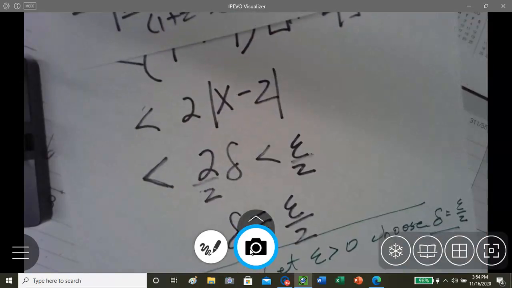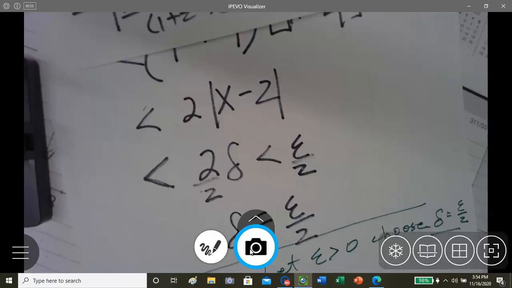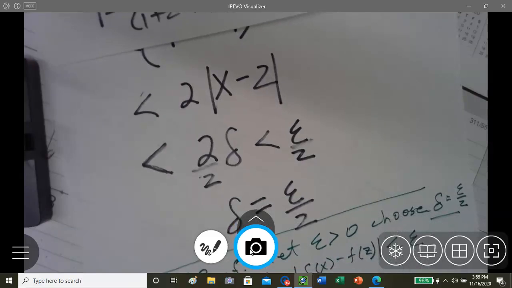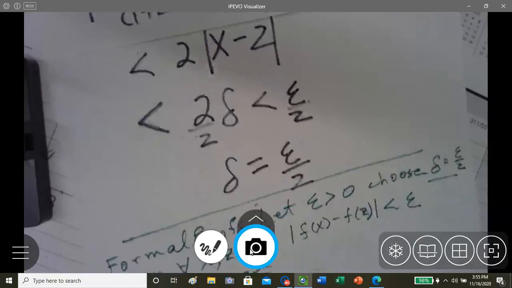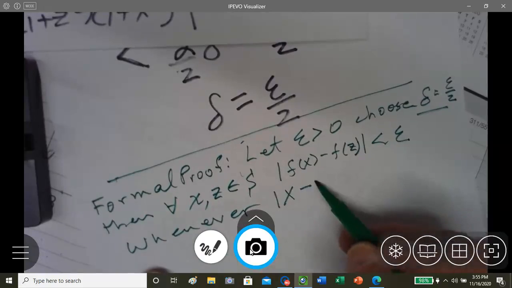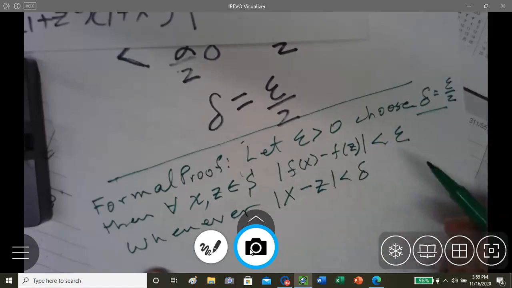Then for all x and z that are elements of domain S, the absolute value of f of x minus f of z is less than epsilon whenever the absolute value of x minus z is less than delta.